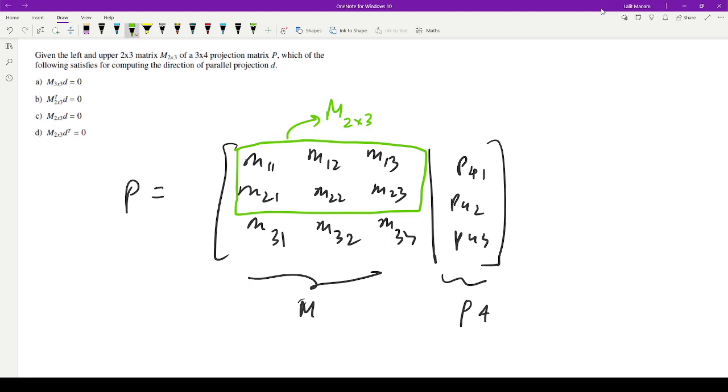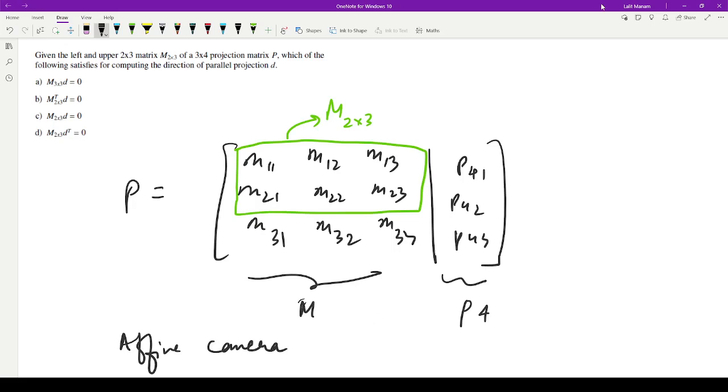There is a specific kind of camera that was discussed in the lectures. Okay, so it's given by the affine camera.